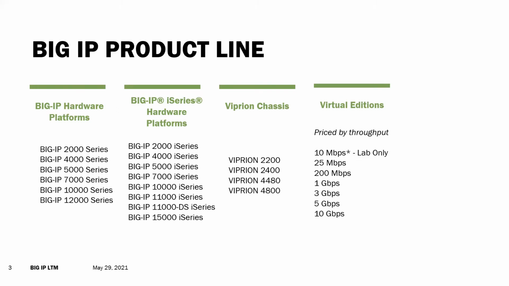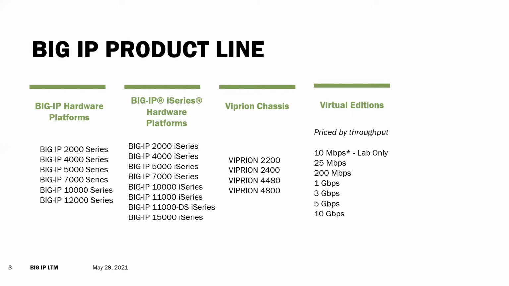The other one is the VIPRION Chassis. The VIPRION Chassis is a chassis, as the name suggests. You can install blades on it, and you can then run your modules, which could be any of the modules we discussed in our last slide, and deliver the services.